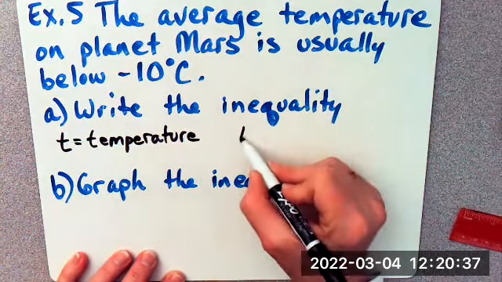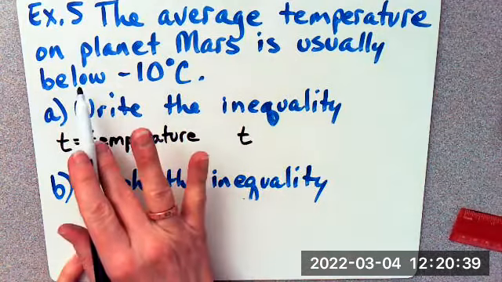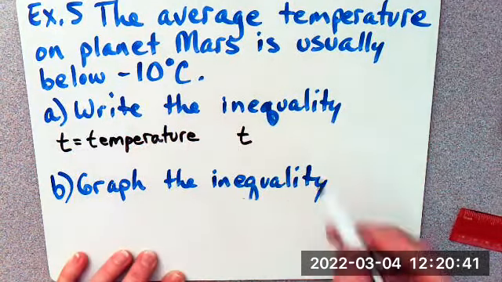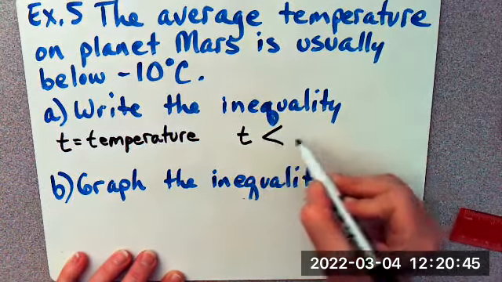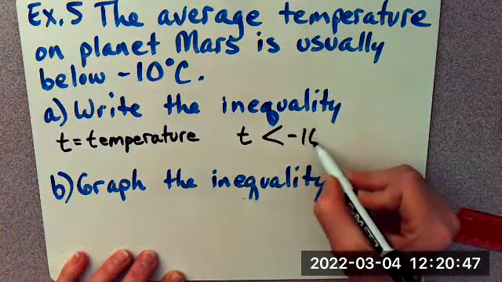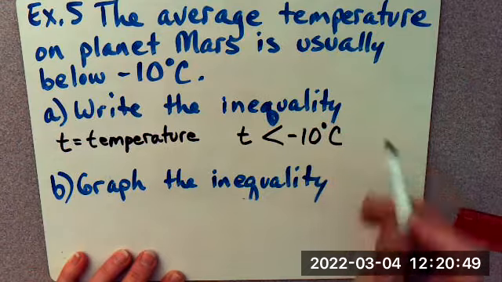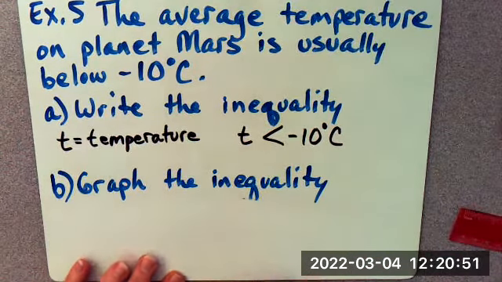So we're going to write T, and it says below -10 degrees, so below is less than -10 degrees Celsius.